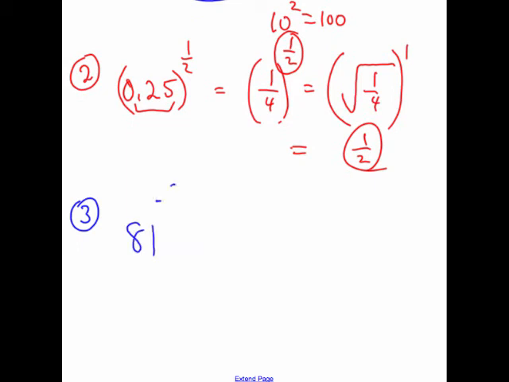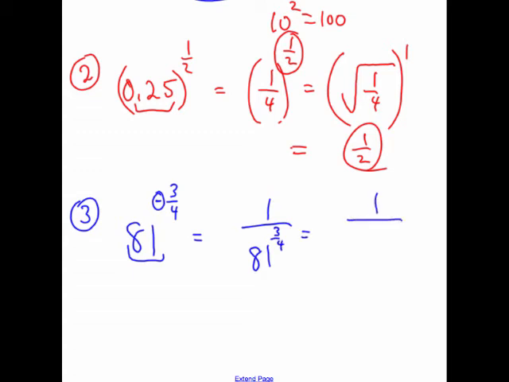81 to the negative 3/4. So now I'm throwing in a negative exponent as well. And remember from what we talked about earlier, a negative exponent means the reciprocal of the base. So this would be 1 over 81 to the positive 3/4 exponent.